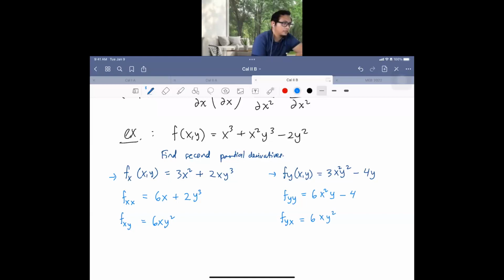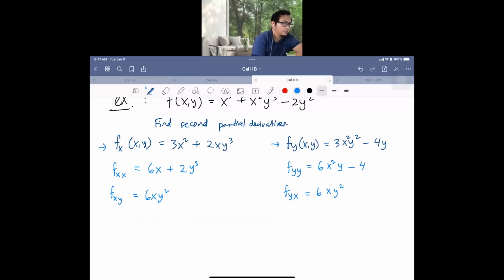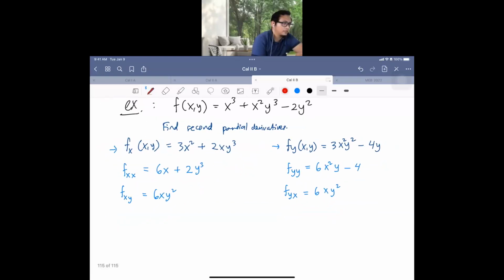Okay, now we are going to see an interesting point: these two, partial xy and partial yx, have the same result.